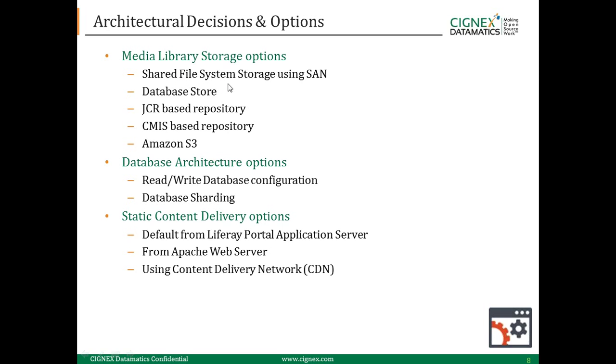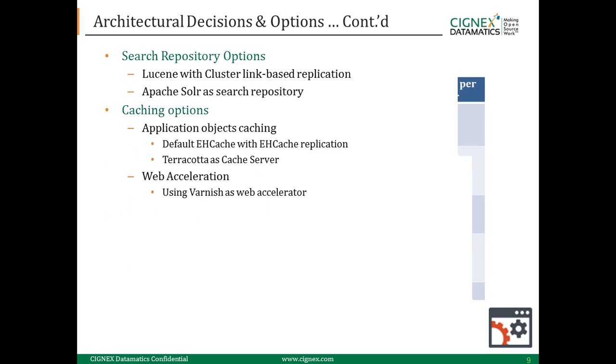The other options that can be used in case you don't have shared file storage are the database store, a JCR based repository, a CMIS based repository, and Liferay even supports integration with Amazon S3. These integrations are all available out of the box with Liferay. You just need to have some configurations in place and you can start using these storage options.